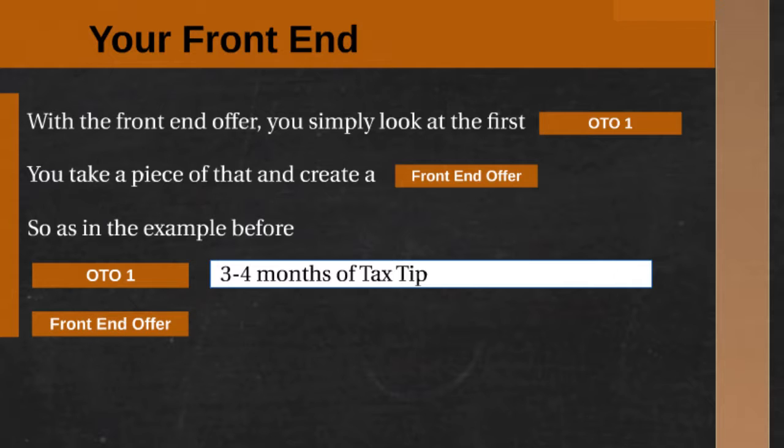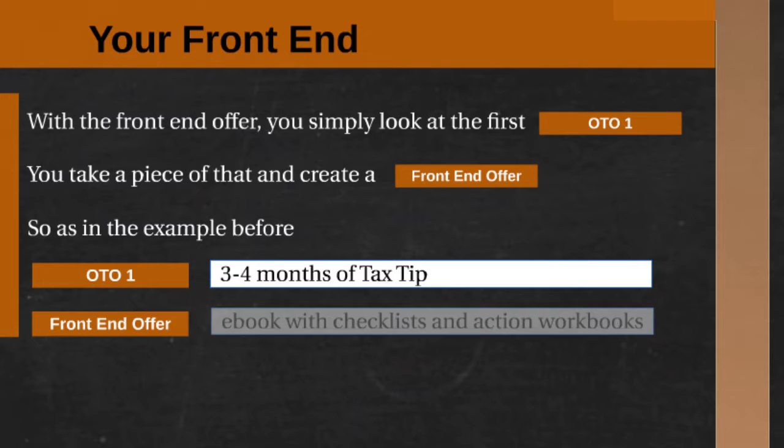Then the front end offer of that, if you grab a piece of that, will essentially be maybe an ebook with checklists, action workbooks. Maybe you take a couple of those tips and elaborate upon them, or you can start with a more basic view of how to save taxes in general, or maybe the top 20 things that people forget to deduct during tax time.